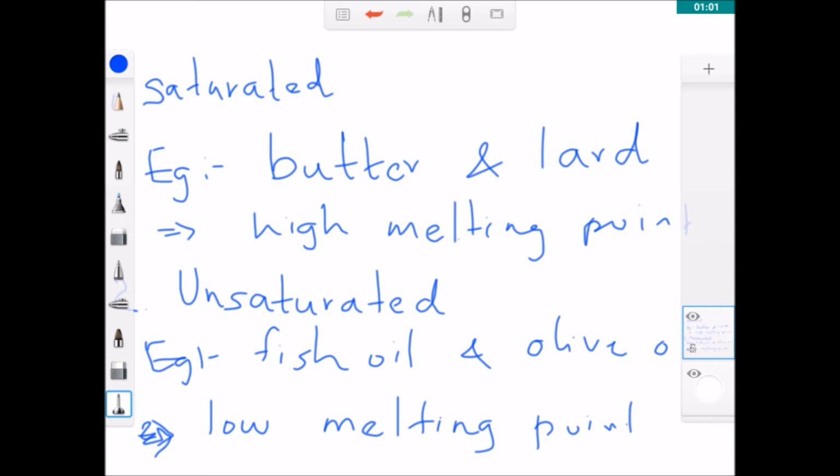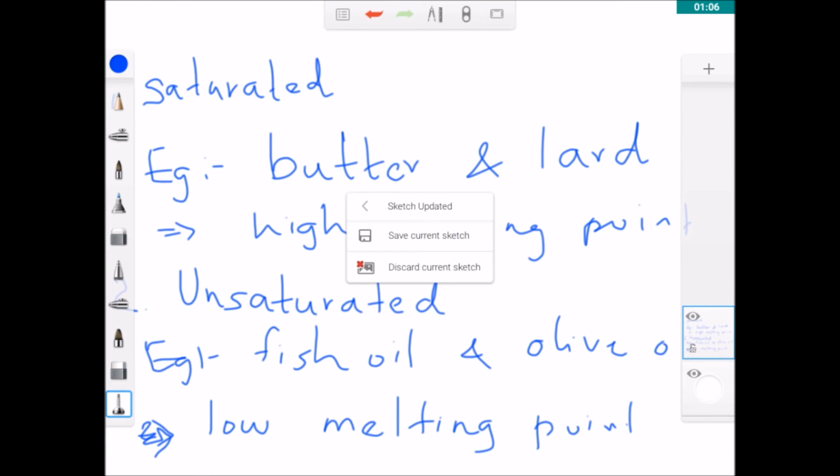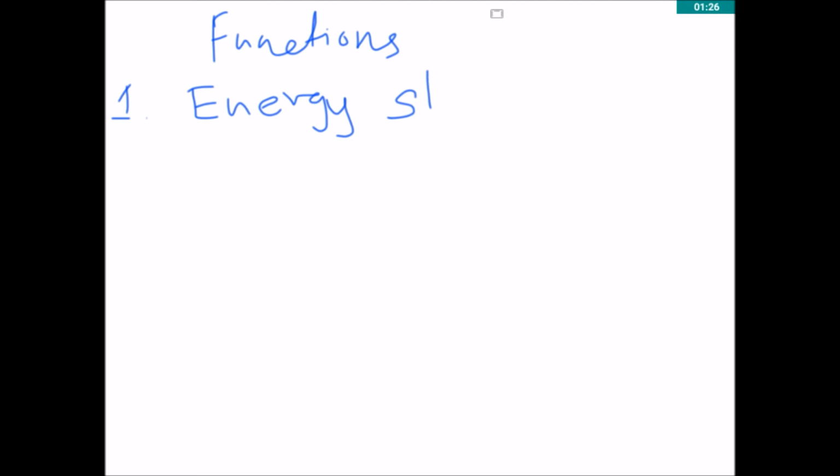Now let's see what the functions of triglycerides are and what their properties related to these functions are. They are used as an energy store in both plants and animals.